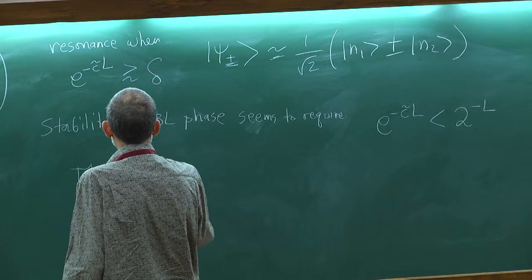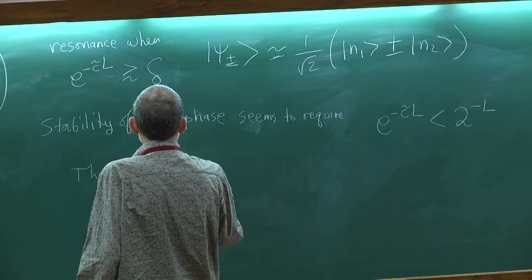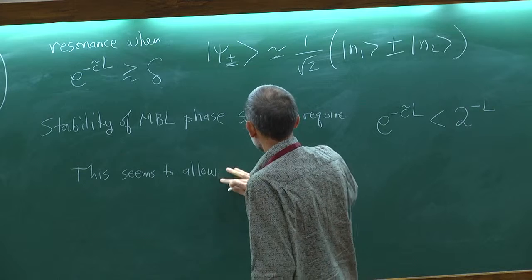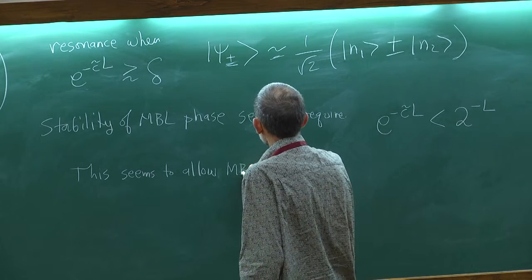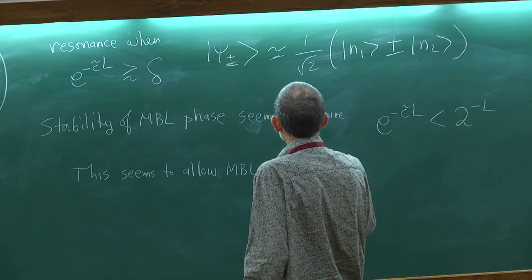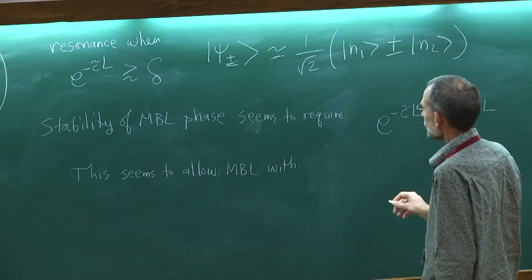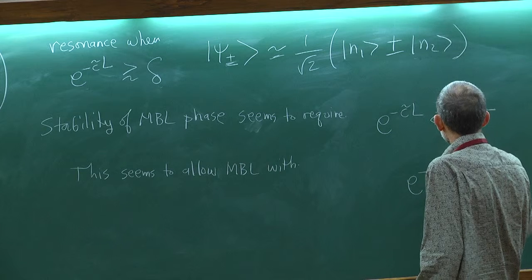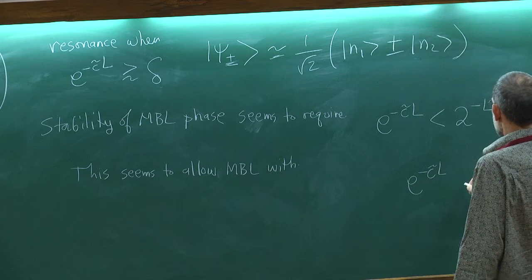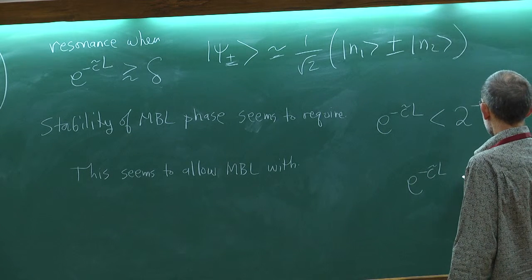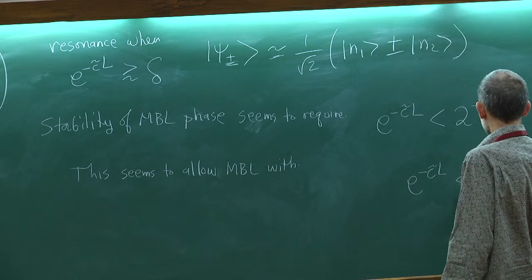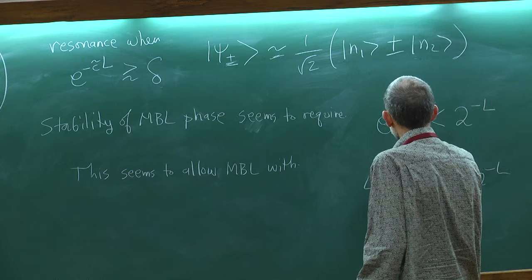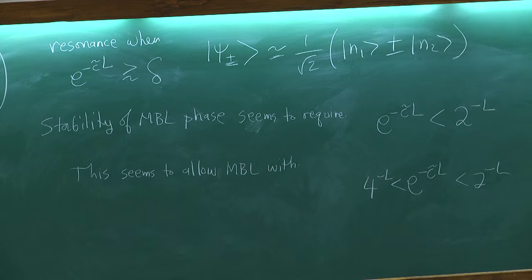This seems to allow MBL with 2 to the minus L, but greater than 4 to the minus L. Right?